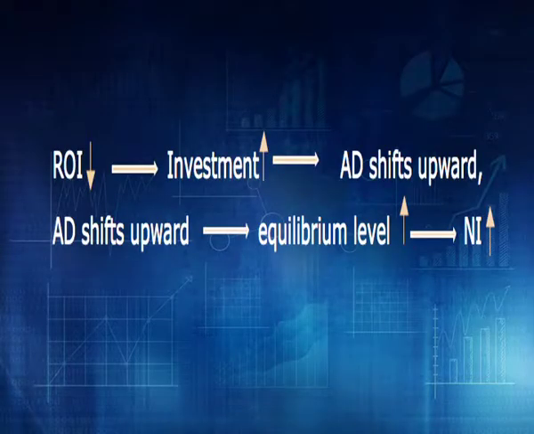The nature of IS curve shows that it slopes downward from left to right. The downward slope can be explained as a chain: when rate of interest decreases, investment increases, and thus AD curve shifts upward. When it shifts upward, the equilibrium level increases and hence national income increases.